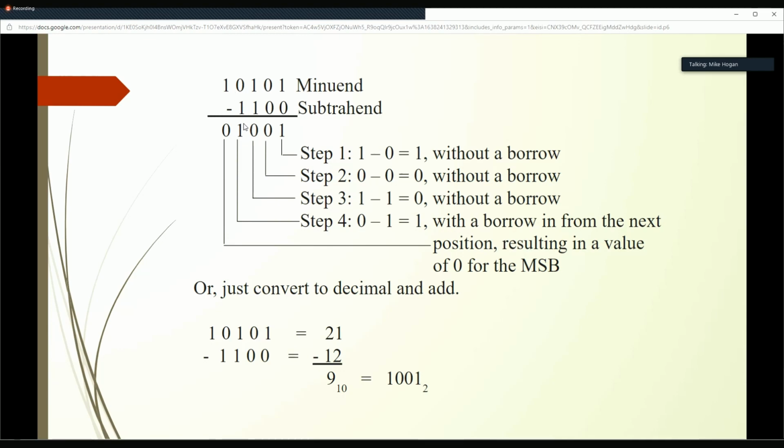It's going to be a 1, but we're going to take away this 1. So there's going to be a 1 with a borrow of 1. And then we have a 0 that just falls down. So we look at those numbers, this says 21 minus 12. We wind up with 9, a 1 and an 8. So we wind up with 9.